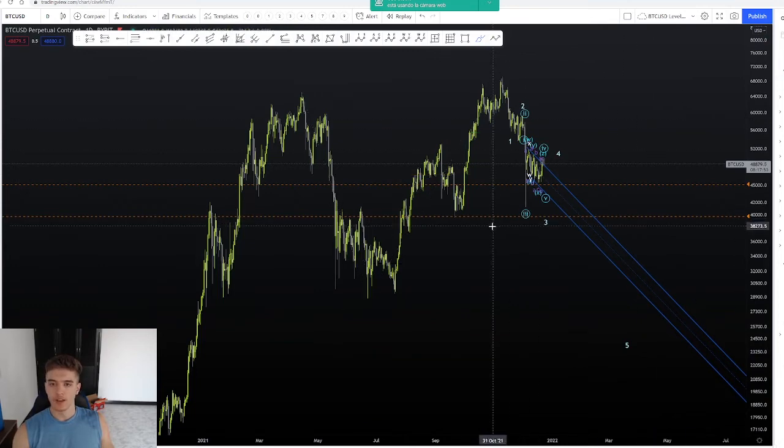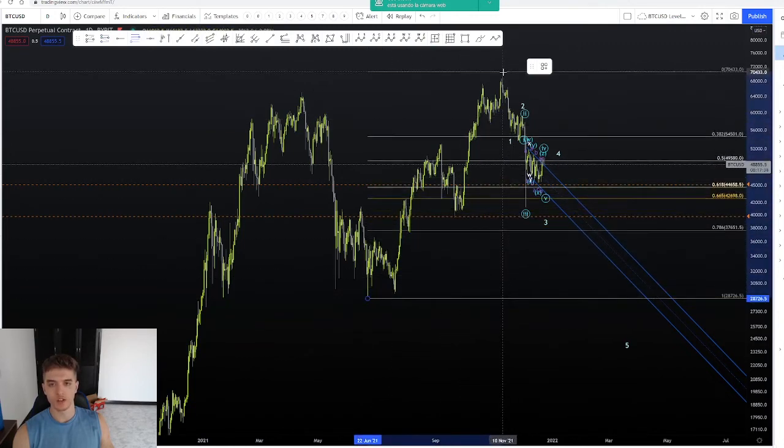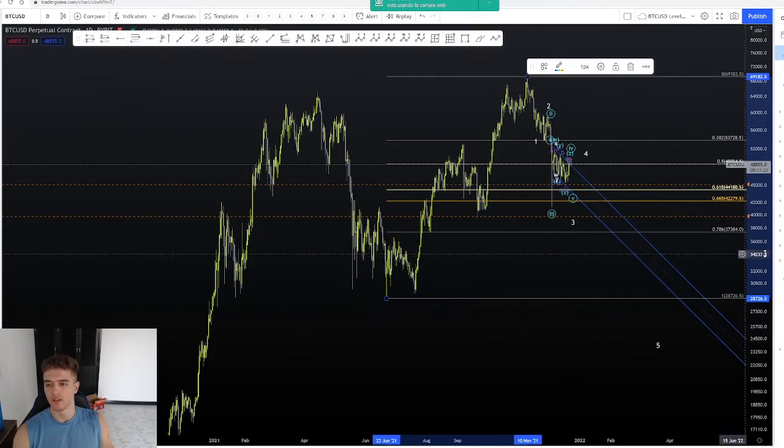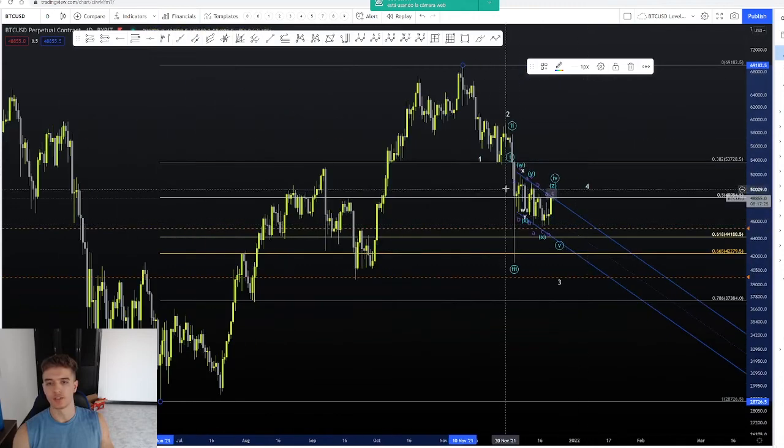For a running flat, you guys already know, it's probably anywhere between the 0.618 retracement of wave B and anywhere above these highs, or rather above these lows. So in this case, we could have already bottomed out for all we know if this was somehow 1, 2, 3, 4, 5.